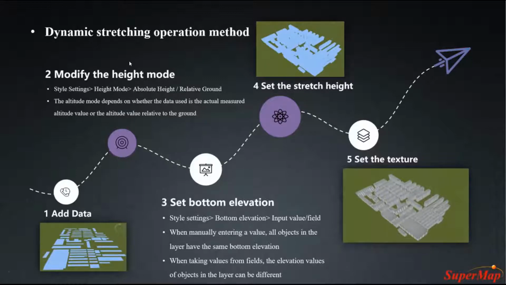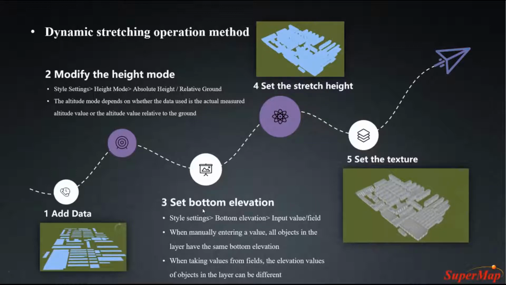The altitude mode depends on whether the data used is the actual measured altitude value or the altitude value relative to our ground. So that's the mode that I have introduced to you before.